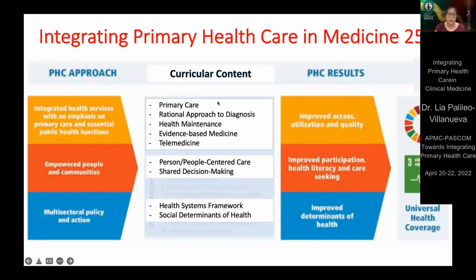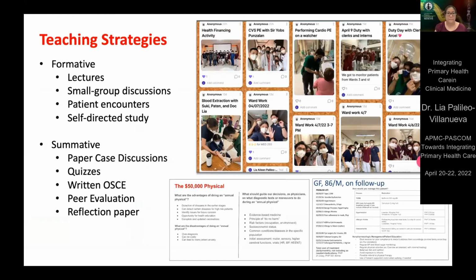And we hope that through providing these learning activities, focusing on this content, our students will become more equipped with the primary healthcare lens, so that they can contribute more effectively to improving health outcomes in our country.